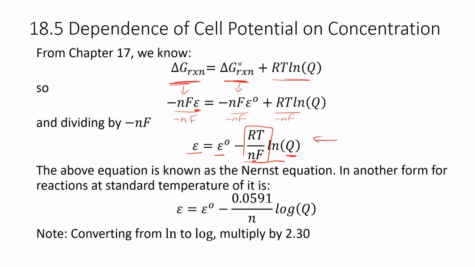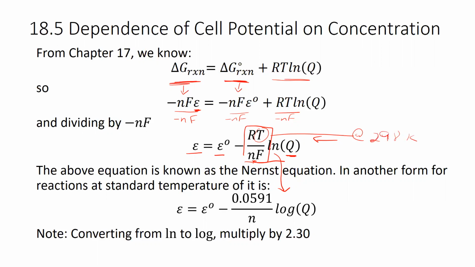And so by convention, what's been done is to switch this from natural log to log, which is just a multiplier of 2.30, and then take RT, where T here is considered to be at 298 K, or 25 degrees Celsius.